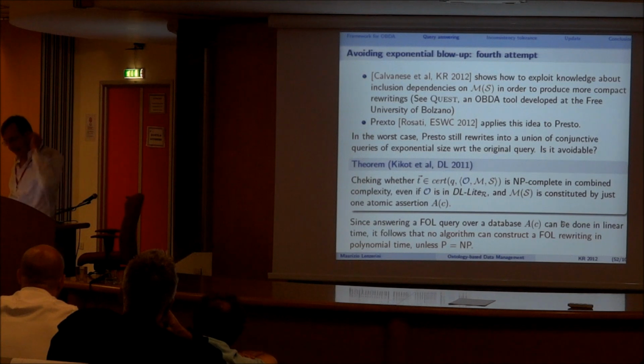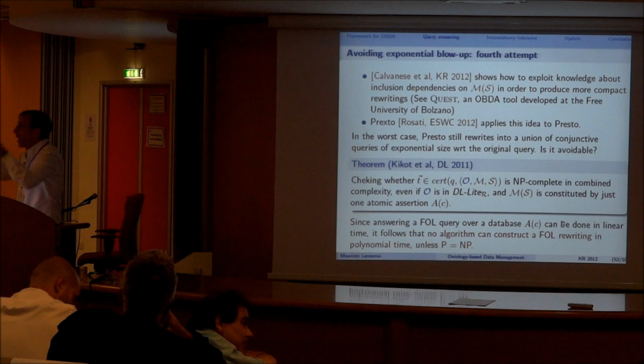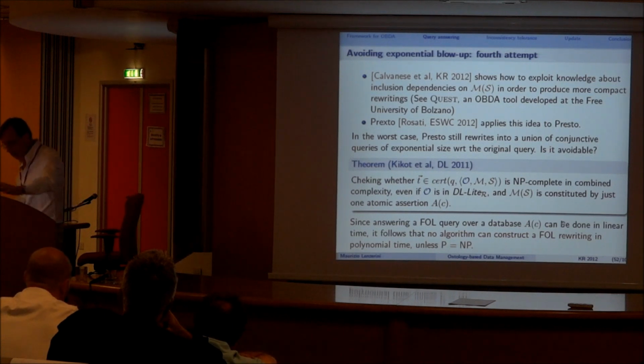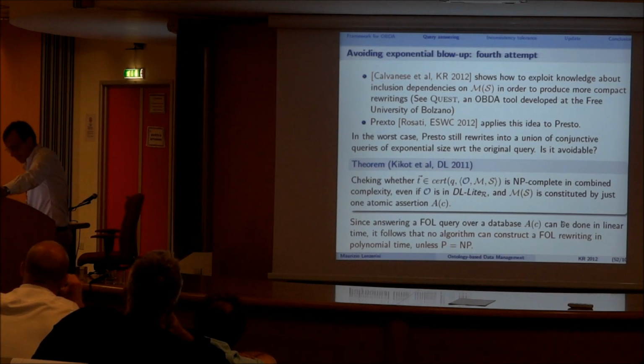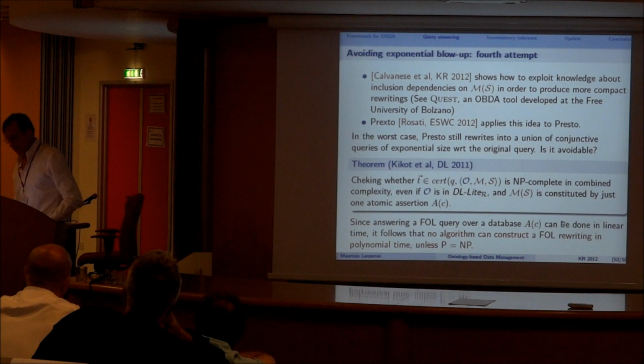Well, since answering a first-order logic query over a database of this form can be done in linear time, it follows that no algorithm can construct a first-order logic rewriting in polynomial time unless P equals NP. So we cannot rewrite in polynomial time when we have DL-Lite and a conjunctive query.